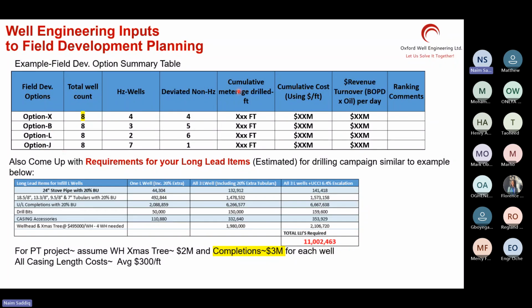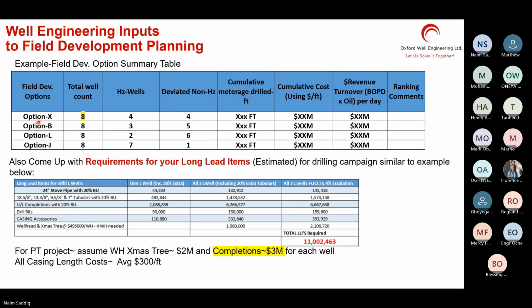So you can actually rank and choose what combination of wells out of that well pad will give me how much money for the production, what is the cost of delivering them, and rank them accordingly. Based on that, you can also calculate how much casing you need for each option.